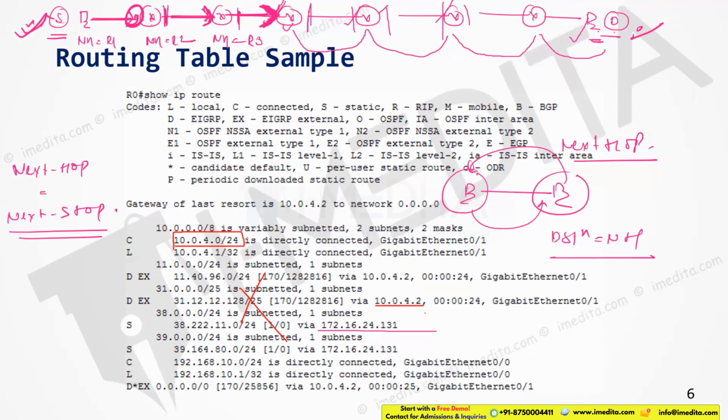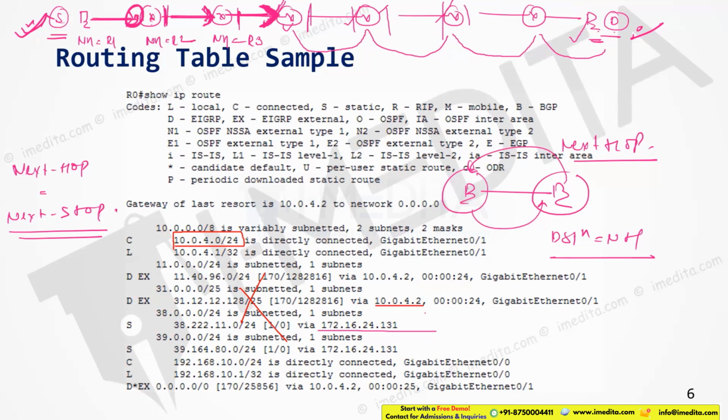In some cases, this next hop information is automatically there. But in some other cases, you will have to provide that next hop information all by yourself.